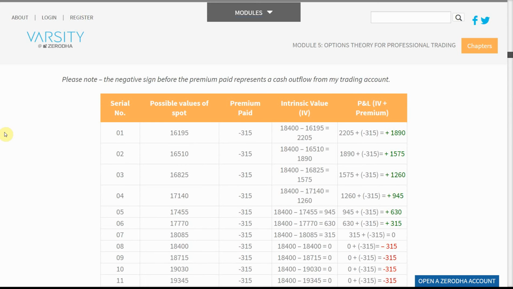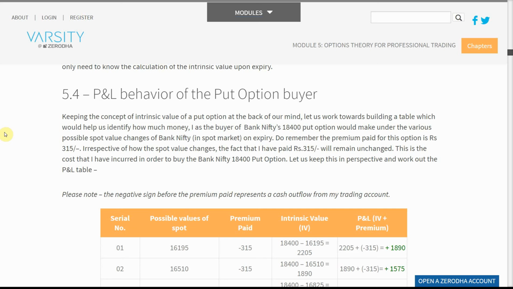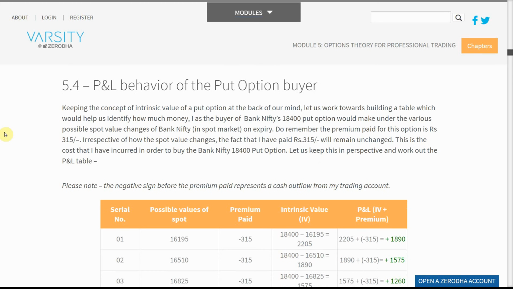Serial No., possible values of spot, premium paid, intrinsic value IV, P&L (IV plus premium). Row 1: spot 16195, premium 315, strike 18400, IV 2205, plus minus 315 equals plus 1890. Row 2: spot 16510, IV 1890, minus 315 equals plus 1575.